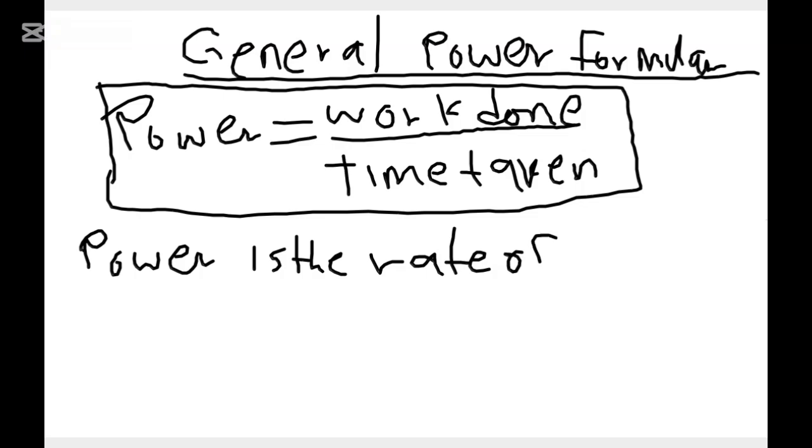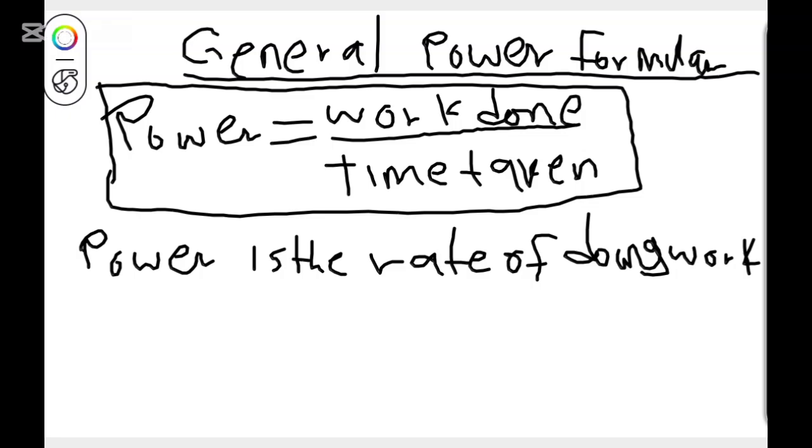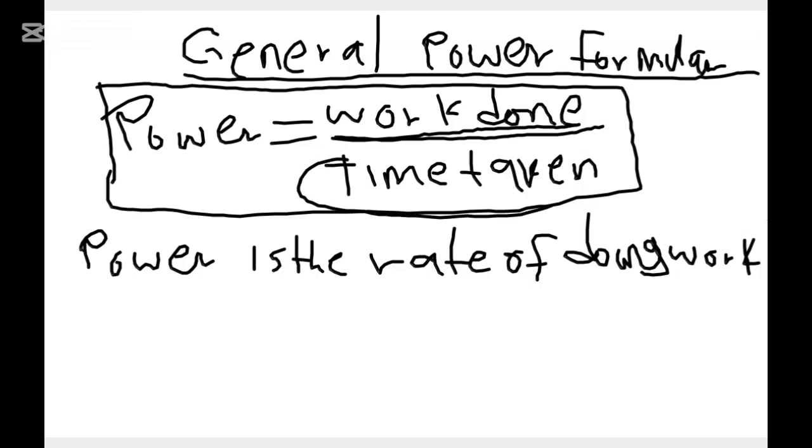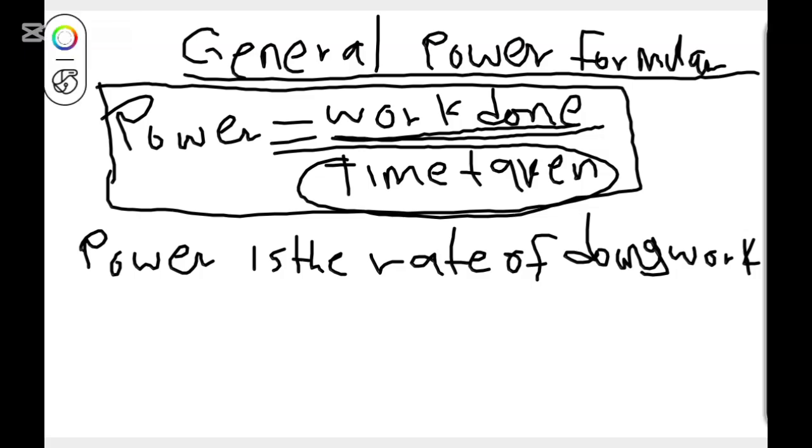And power is the rate of doing work. This is the work done, and this is the time taken. And the definition of power: power is the rate of doing work.